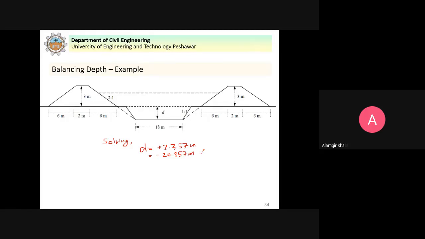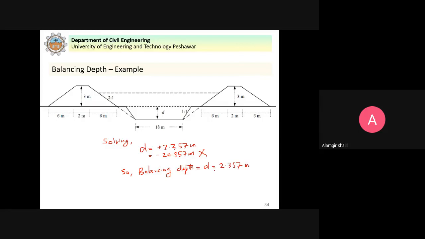Since negative depth is not possible, the balancing depth is D equal to 2.357 meter.